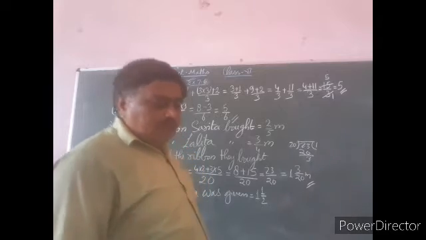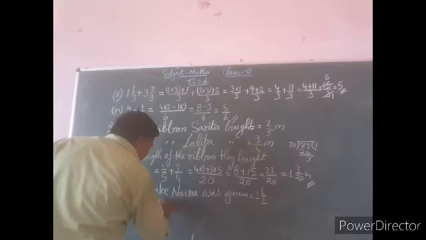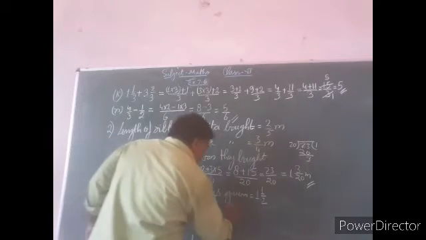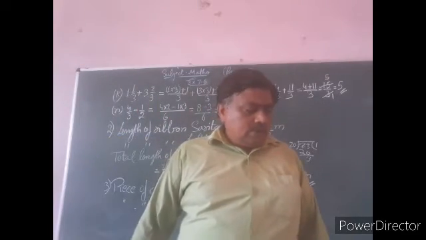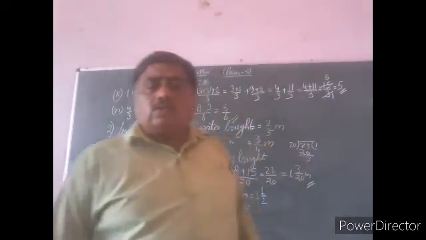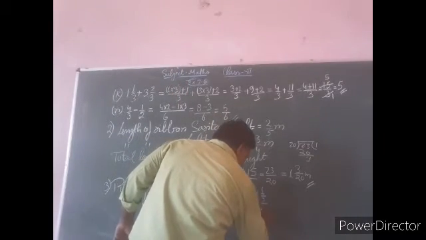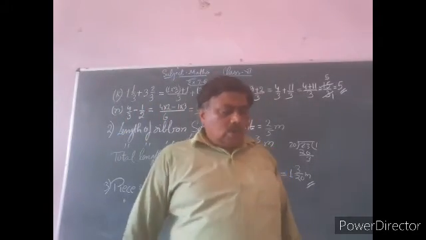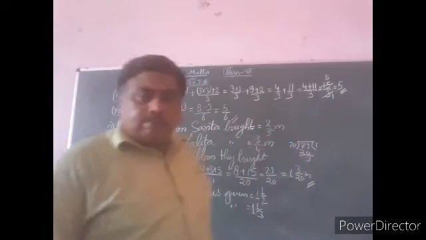Now the piece of cake Nazma was given, how much piece was given? It is 1/3. So the total amount of cake given to both of them.